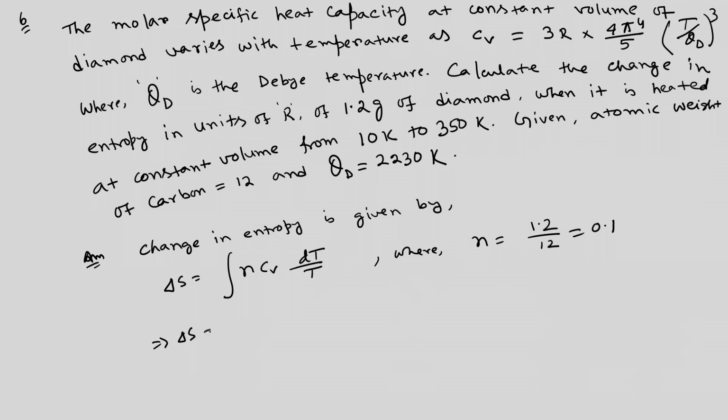So, we get delta S is 0.1 times, with temperature changing from 10 Kelvin to 350 Kelvin, and the value of Cv is 3R times 4 pi to the 4 by 5 times T cubed by theta d cubed.